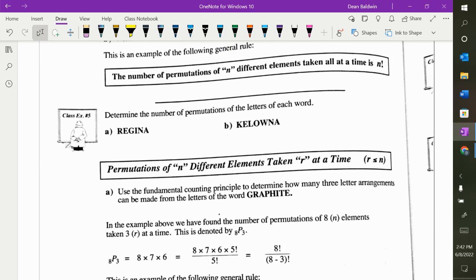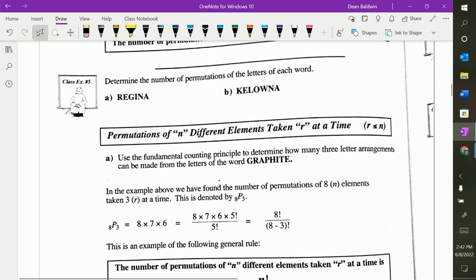So if I have the word Regina, how many letters are in the word Regina? Like a place in Canada? How many letters are there in the word Regina?